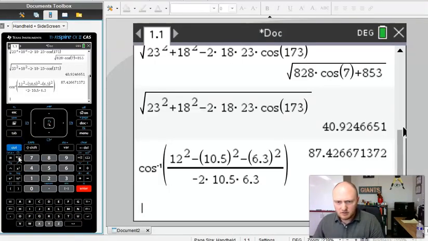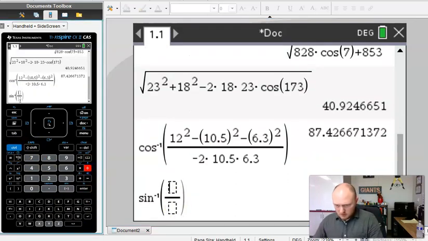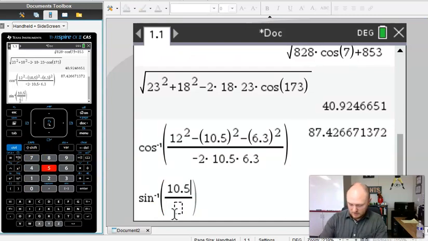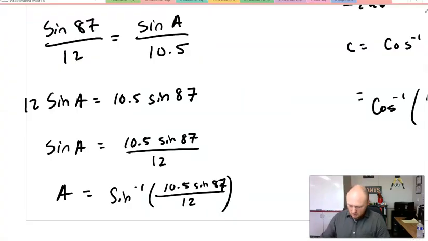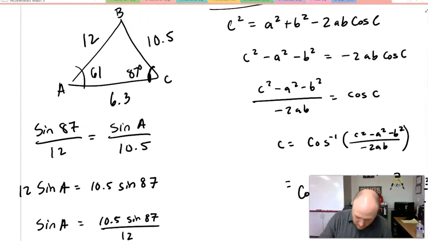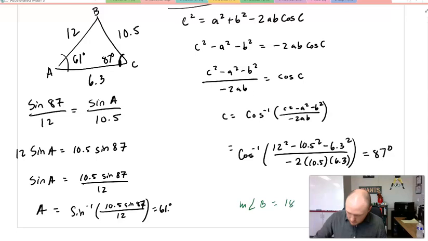Sine inverse of 10.5 sine of 87 over 12, and we get 61 degrees. Then in order to find the measurement of angle B, that's going to be equal to 180 minus 87 minus 61.